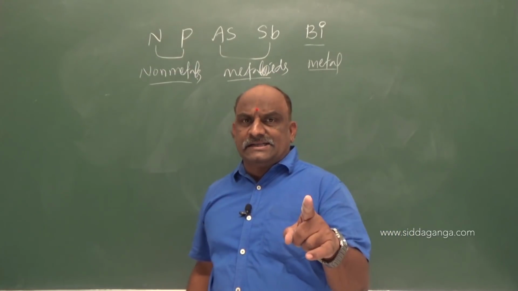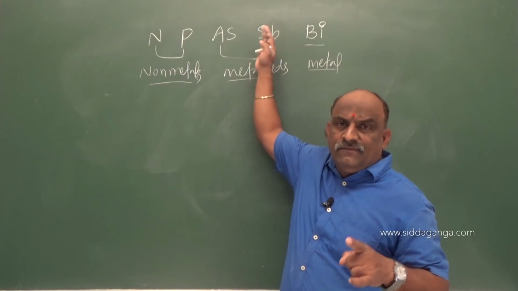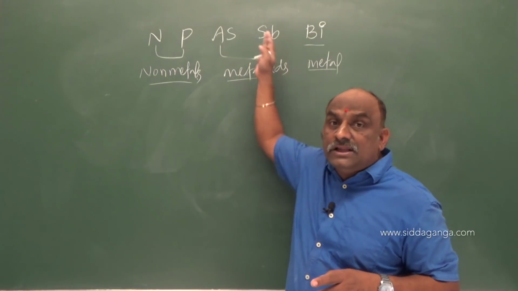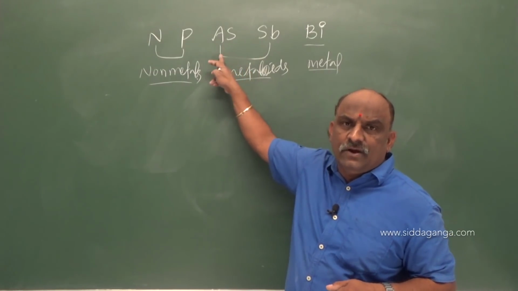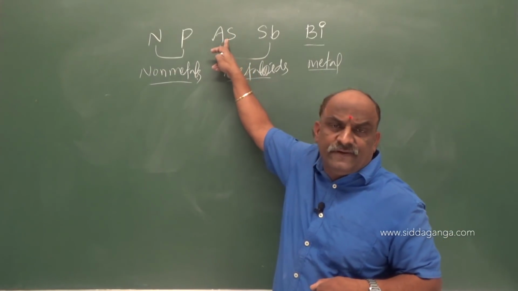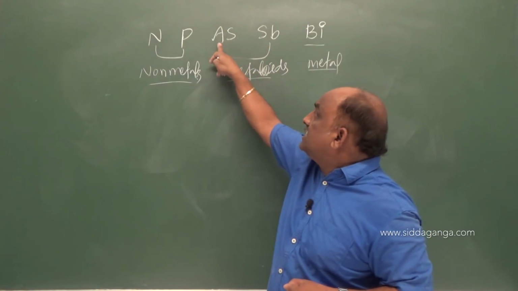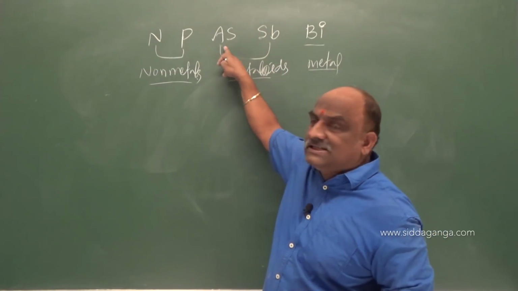Name the metalloids present in the 15th group elements. Arsenic, antimony. Remember, revise.